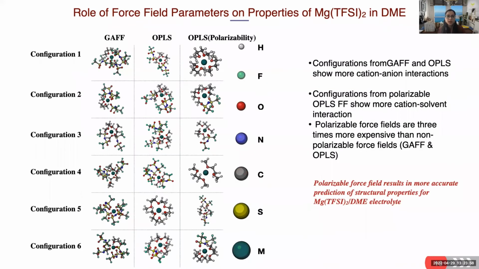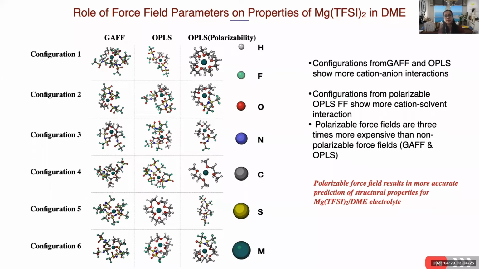So we further extracted the top 6 configurations from these 3 different force fields. We found that GAFF and OPLS show a very heterogeneous distribution of clusters, where all the magnesium ions have some sort of coordination with the anion, while the polarizable OPLS force field shows a very homogeneous distribution of clusters, where the cation is mostly surrounded by the solvent molecules.